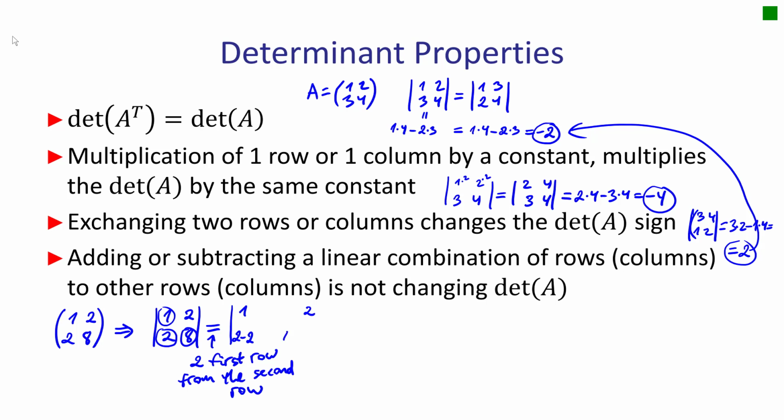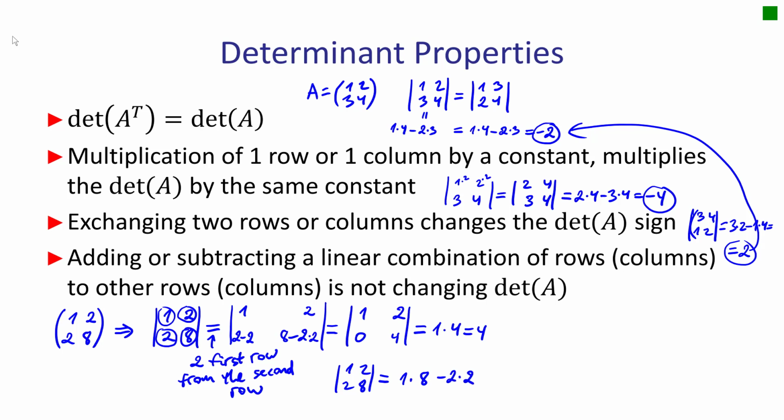And from 8, you'll subtract twice the first row, so it's 2 times 2. So you'll get determinant 1, 2, 0, 4, which we can easily compute as 1 multiplied by 4, and this will be 4. Pay attention that the original is 1, 2, 2, 8, and this determinant will be 1 times 8 minus 2 times 2. So let's compute it. It's 8 minus 4, and it's still 4, the same thing.